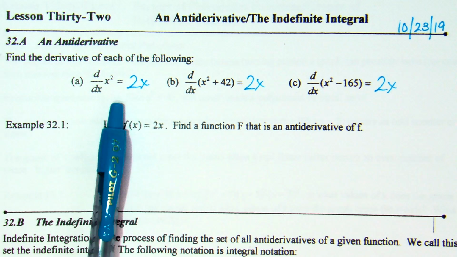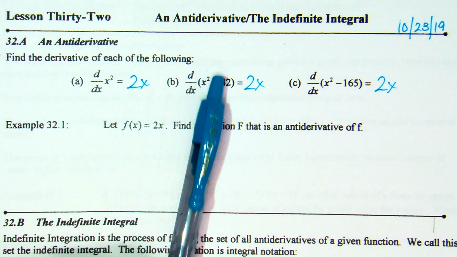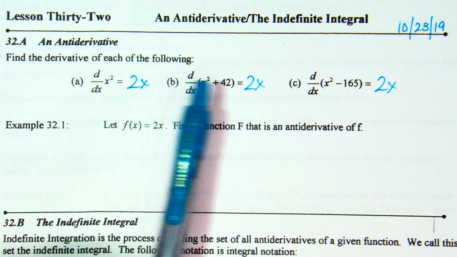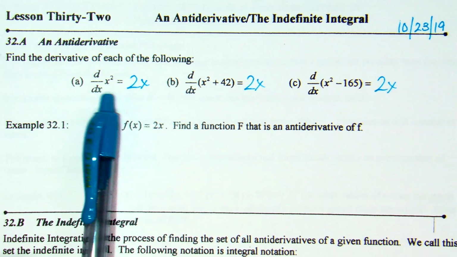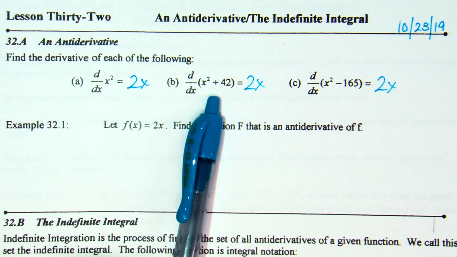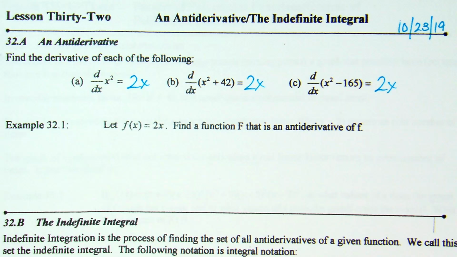Okay, well, we just had 3 different problems. And these were all unique problems, yes? But yet they all had the same derivative. Now, this one was just an x squared. This one was x squared plus a constant. This was x squared minus a constant.